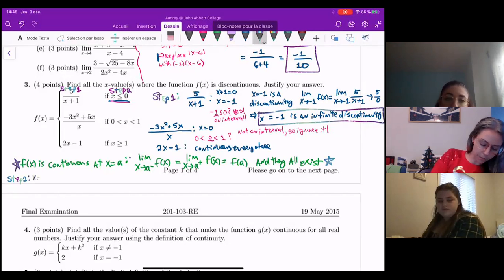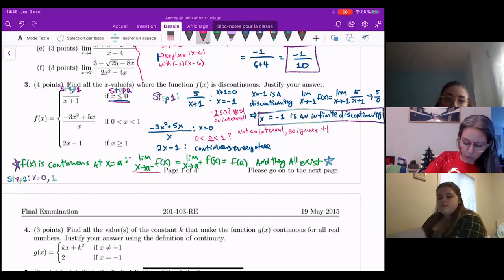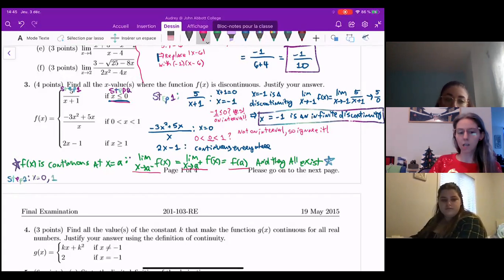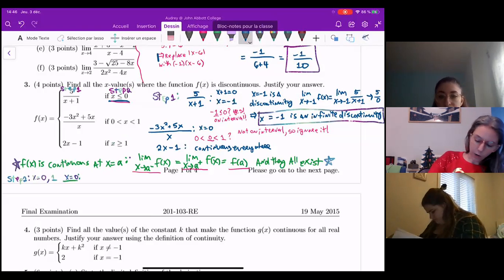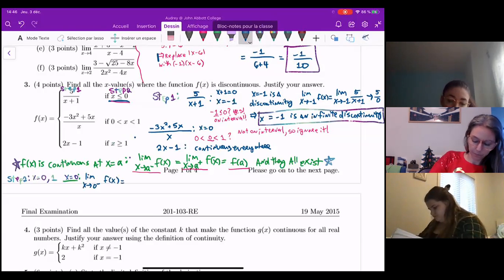I have 0 and 1. And now at the breakpoints, I want to check all of these things that show up in my limit definition. So I'm going to start with x is equal to 0. And I want to look at each of those things. So I'm looking at the limit as x approaches 0 from the left of my function.